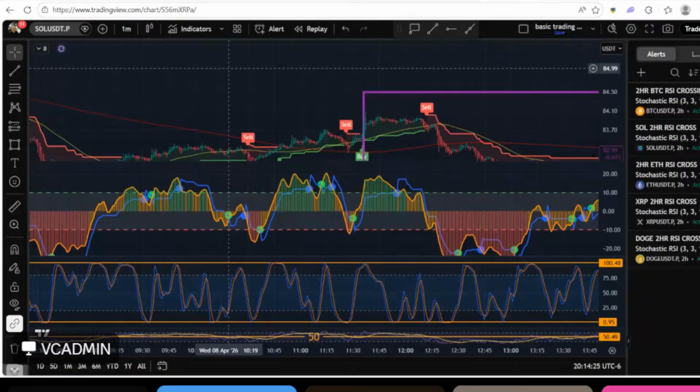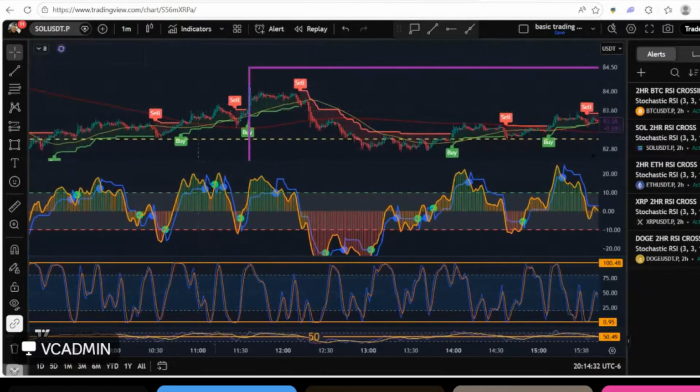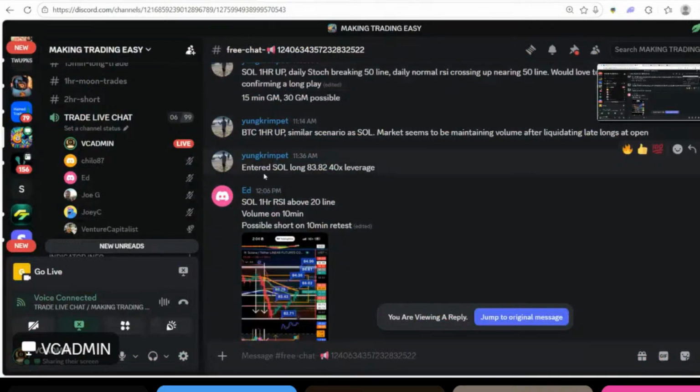All right. So now we can pull up this trade here and take a quick peek at how it was pieced together. I'm just going to double check here. So entered long at 83.82. 83.82.